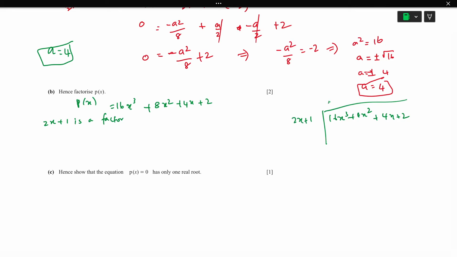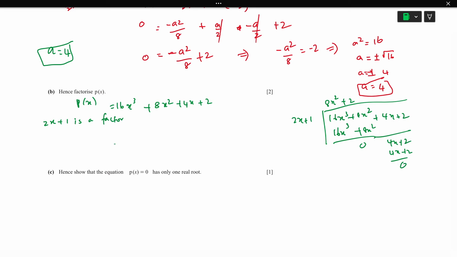So first I'll get 8x square. When I multiply, 16x cube plus 8x square is equal to 0, then I'll bring down the other two terms. Then it's going to be 2. When I multiply, 4x plus 2 becomes 0.